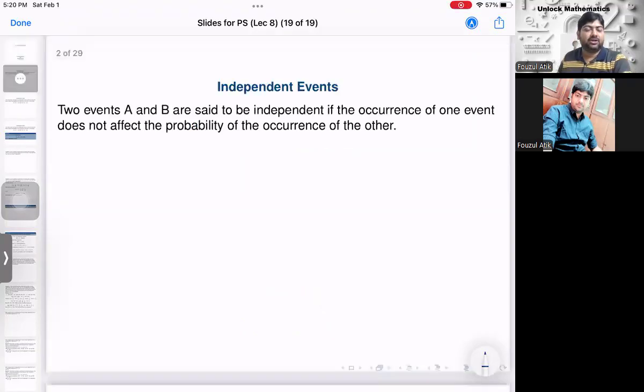What is that? Two events A and B are said to be independent if the occurrence of one event does not affect the probability of the occurrence of the other. What does it mean?